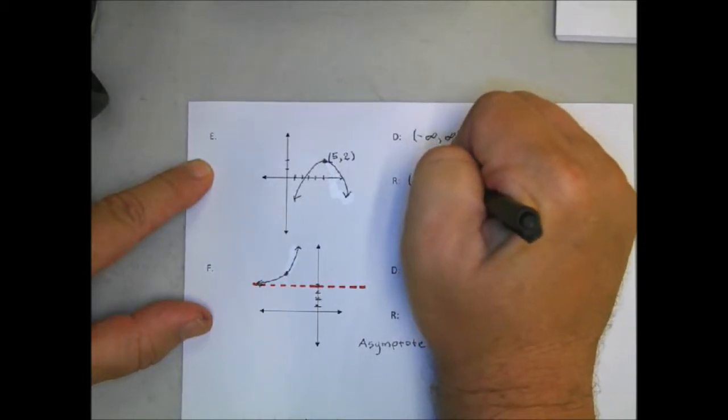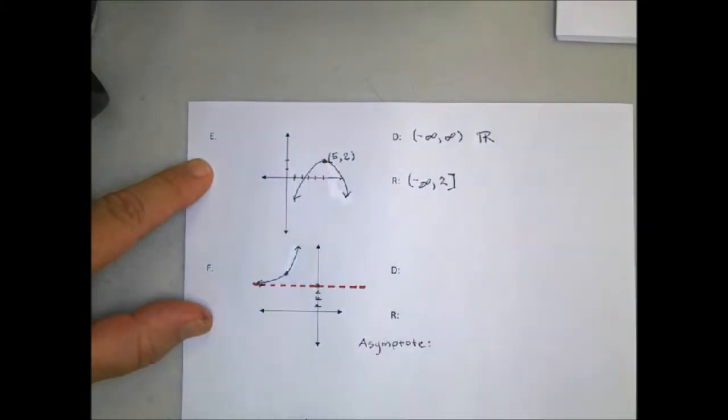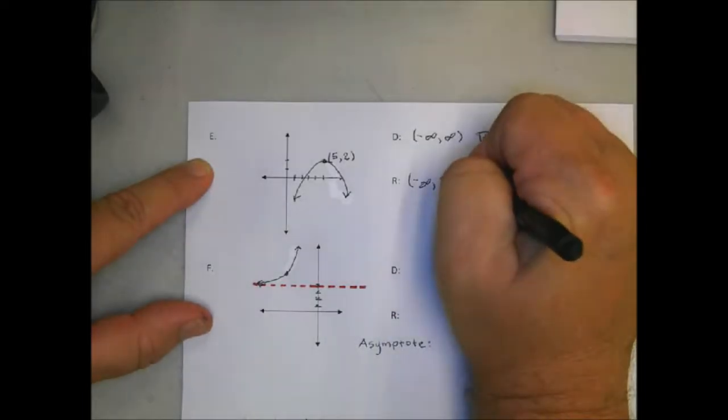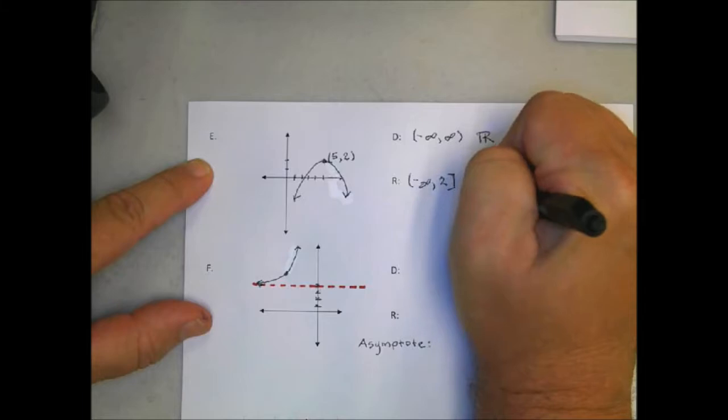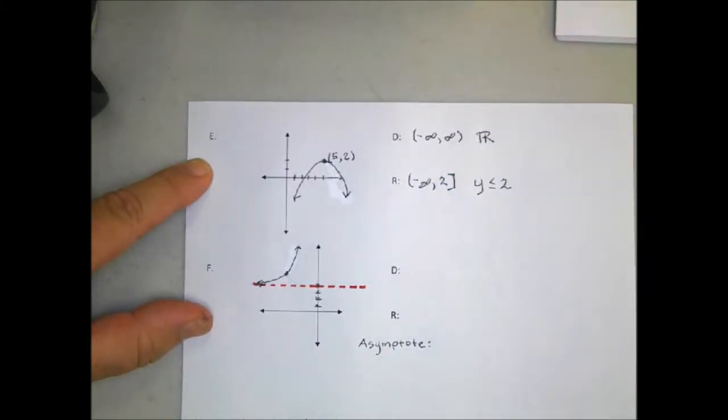And I'm going to close that 2 because we actually do touch the 2. We use the 2. So the range would be all y values that are less than or equal to 2.